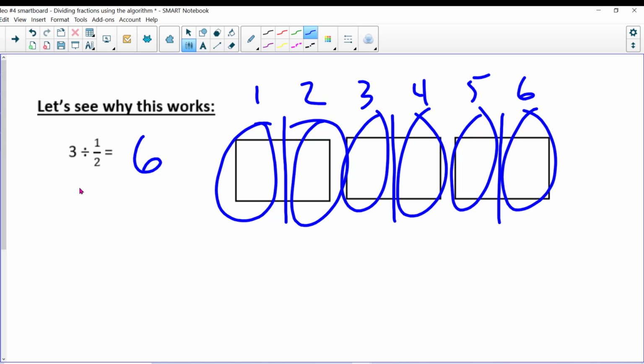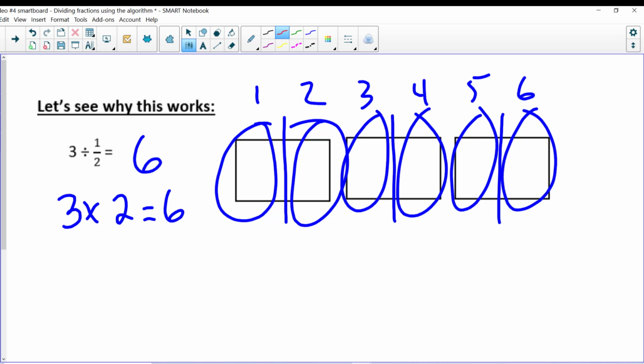Now I want you to take a look at this equation and the picture as well. Do the numbers remind you of a multiplication problem with similar numbers? Did you say it looks kind of similar to 3 times 2, which is also 6, right? Notice what's the difference between 1/2 and 2.